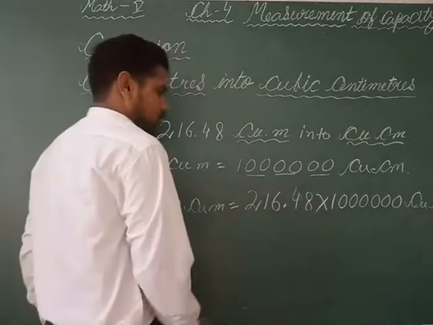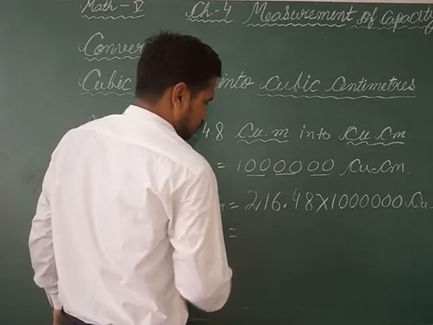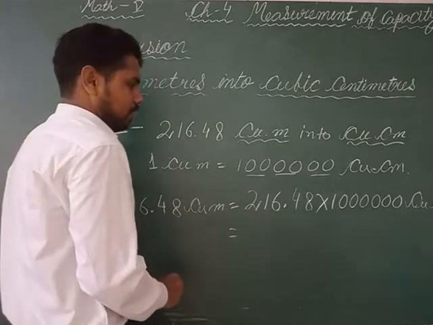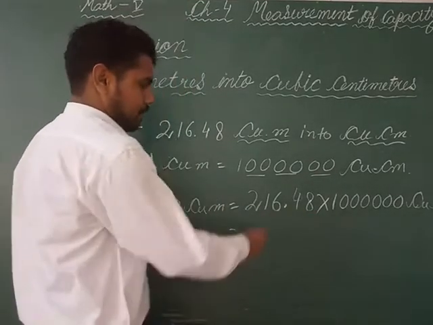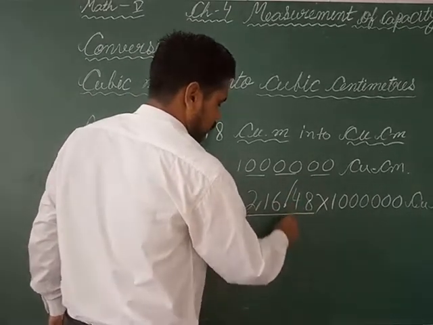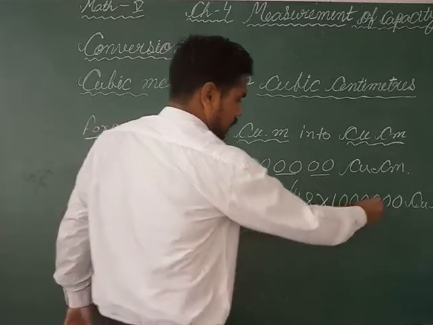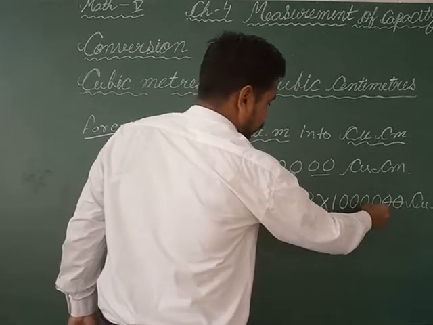If this is multiplied, it will be definitely, see, before 2 digits here, if you remove the decimal, instead of the decimal there are 2 zeros, so this 2 zero will cancel. How many zeros will be left? 4 zeros.